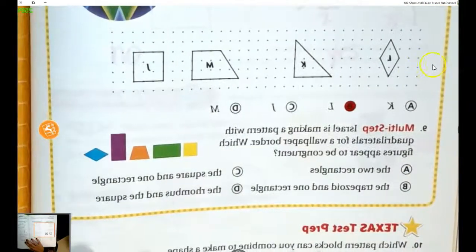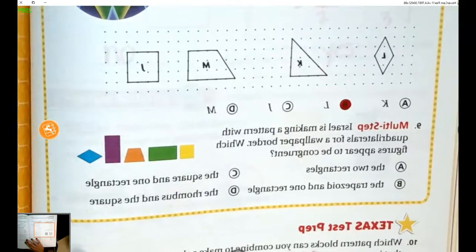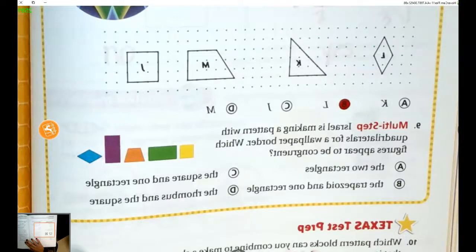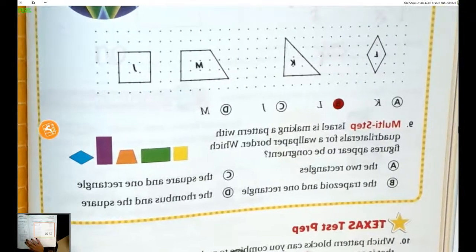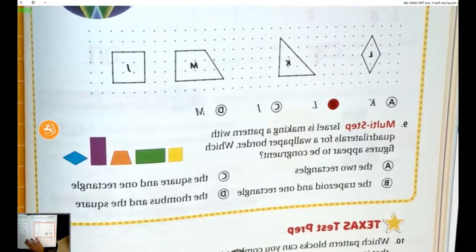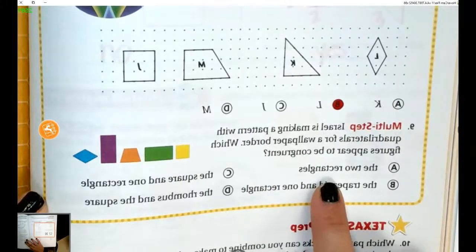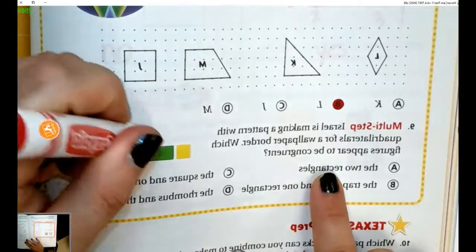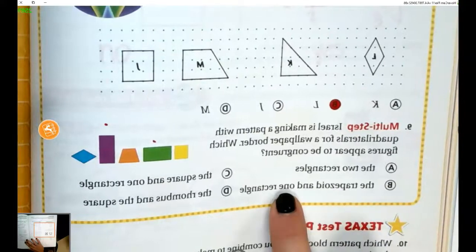Number 9. Israel is making a pattern with quadrilaterals for a wallpaper border. Which figures appear to be congruent? The 2 rectangles. Okay, could be. B, the trapezoid and 1 rectangle.